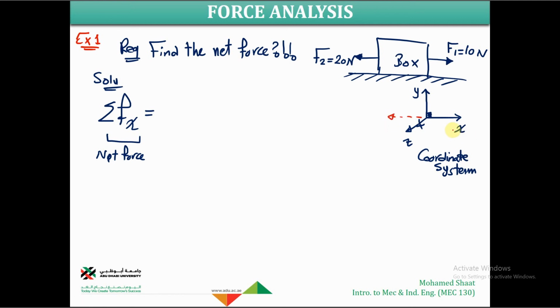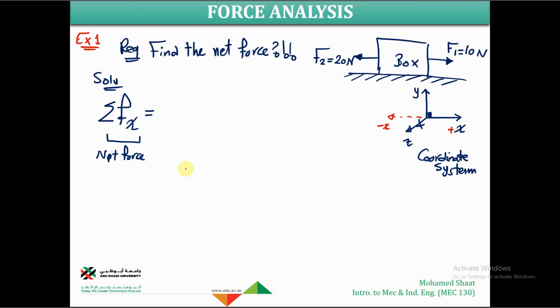So any force going to the right in the positive x direction is positive, and any force going to the left is negative. I am assuming that, but you can change this assumption. For example, you can assume that any force going in the positive x direction is negative, so the force in the other direction is positive.